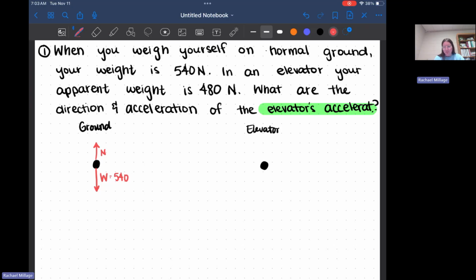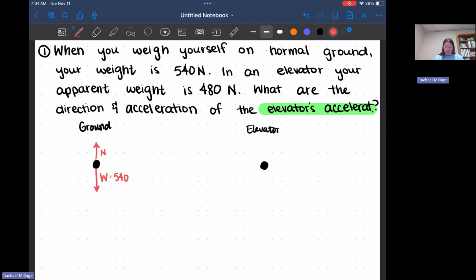When I'm on the ground, I have zero acceleration in the x direction. So the sum of all my forces in the x direction is zero. In this case, we know we don't have any forces acting on us from side to side. And then in the y direction, again, if I am not moving, there is no change in my velocity. If there is no change in my velocity, that means my acceleration is zero.